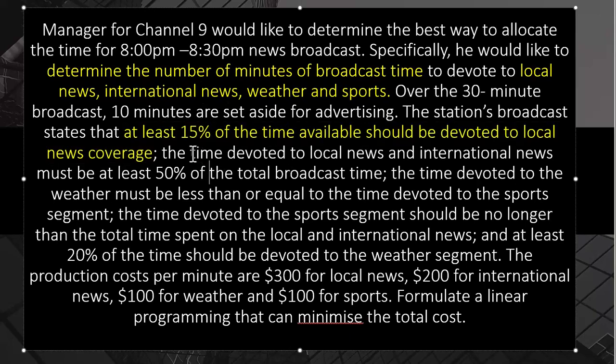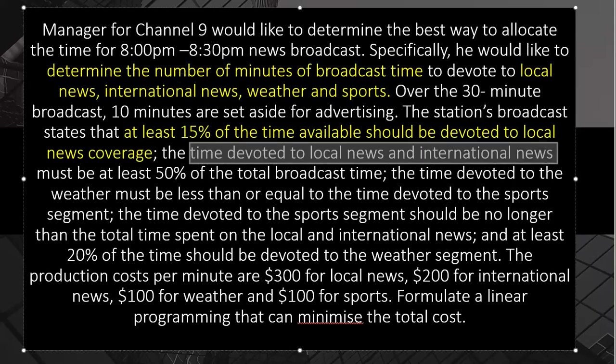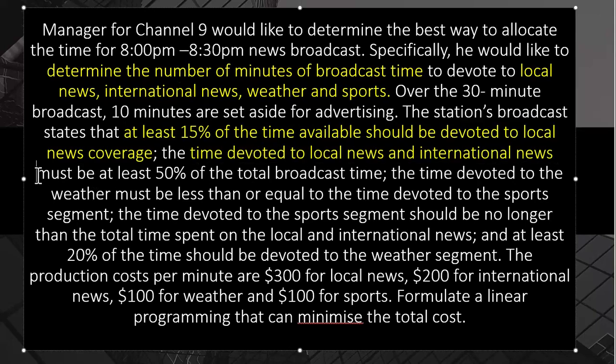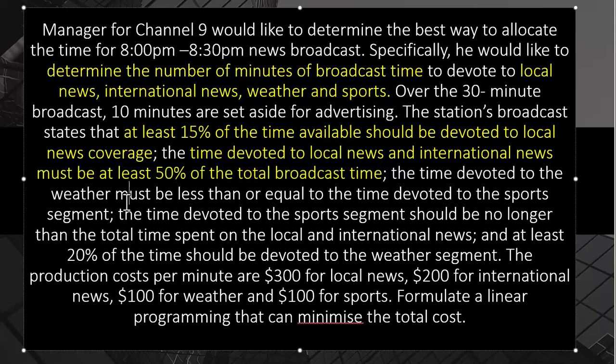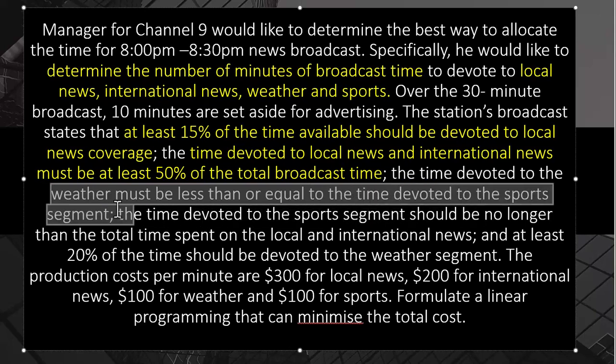And then it says the time devoted to the local news and the international news must be at least 50% of the total broadcast time. And then the time devoted to the weather must be less than or equal to the time devoted to the sports segment.